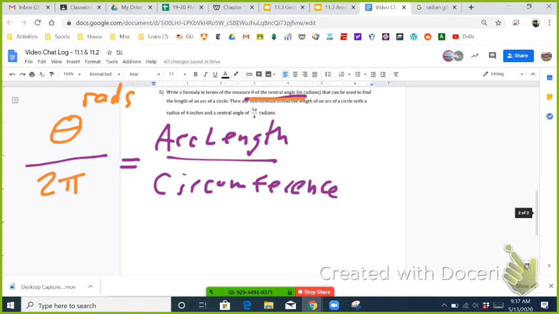Okay, so I'm going to call arc length s because that's a common variable used for arc length. And for circumference, we already know a formula, 2 pi r, which we could use, or we can use diameter times pi, but we're going to use 2 pi r.